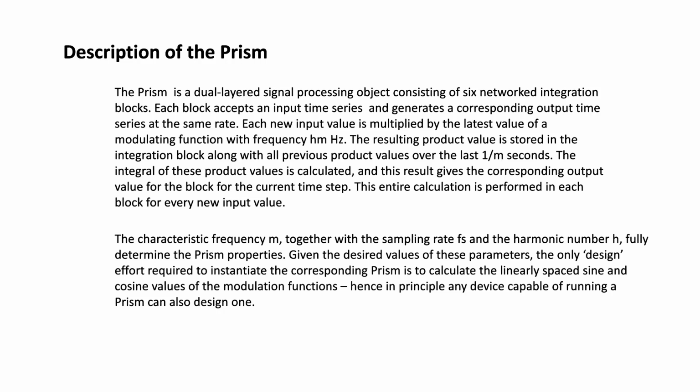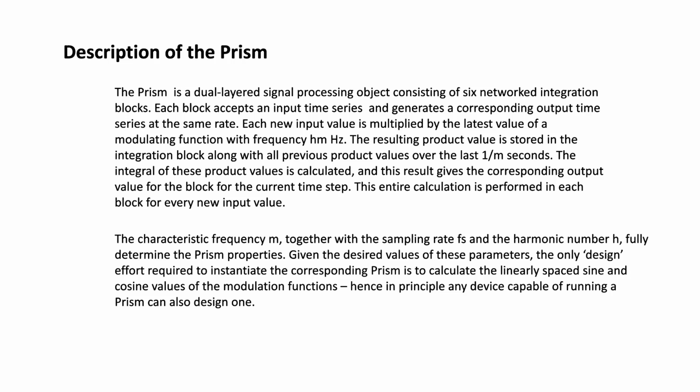The resulting product value is stored in the integration block along with all previous product values over the last 1/M millisecond. The integral of these product values is calculated, and this result gives the corresponding output value for the block for the current time step. This entire calculation is performed in each block for every new input value.